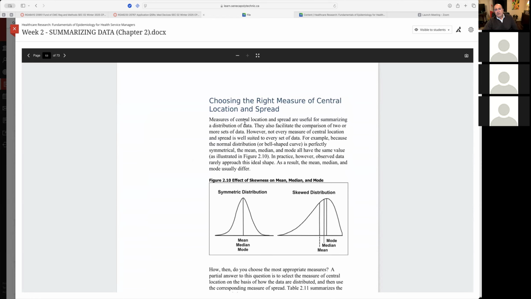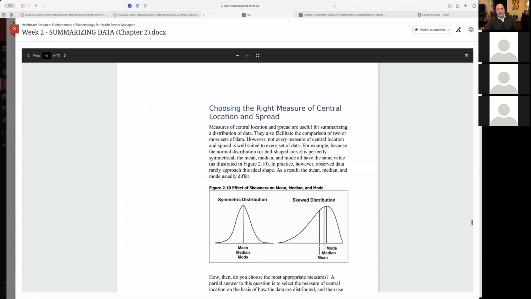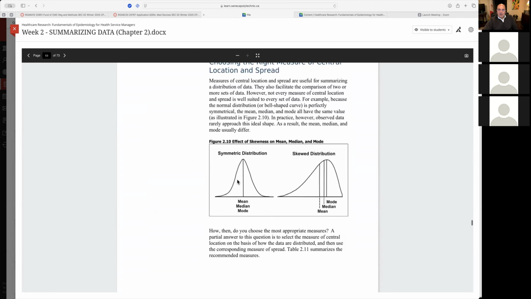So now here, we talk about the right measures of central location and spread. Here you remember that we talked about a symmetric distribution, which is a normal distribution. It's a bell-shaped curve. And here you have the skewed distribution. In the skewed distribution, the mean is different from the median and the mode.